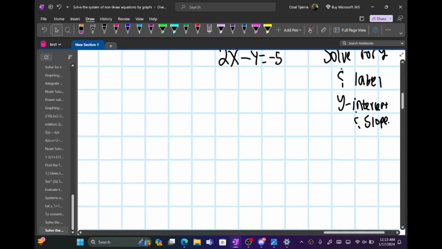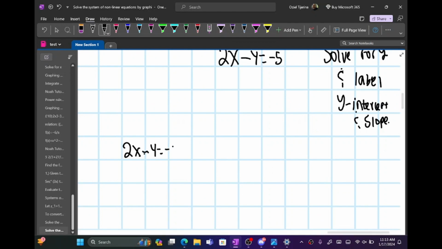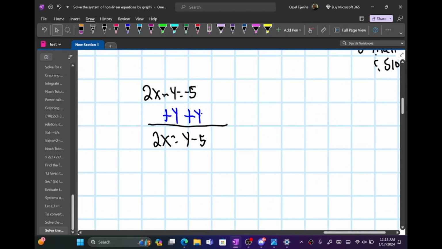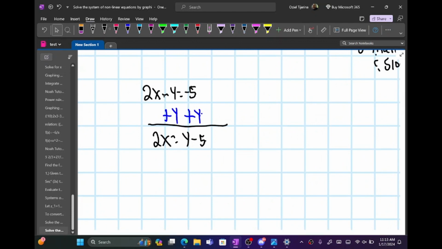We have 2x minus y equals -5. To solve for y, we're going to add y to both sides first. This will end up giving me 2x is equal to y minus 5. And then from here, we're going to divide both sides by 2.